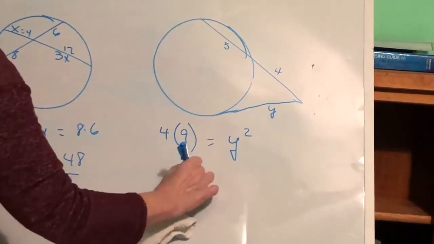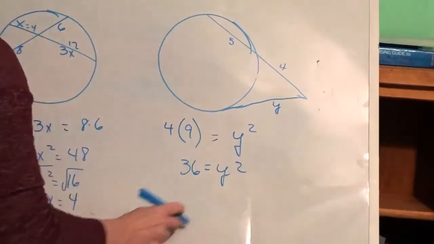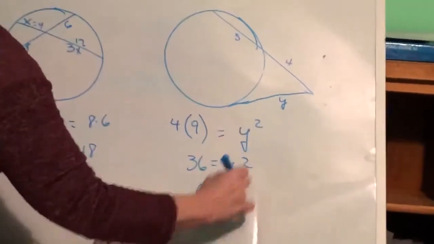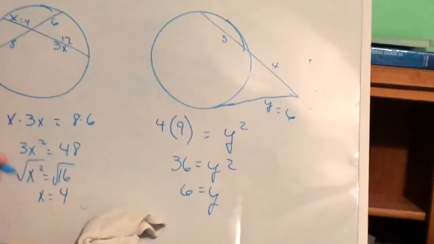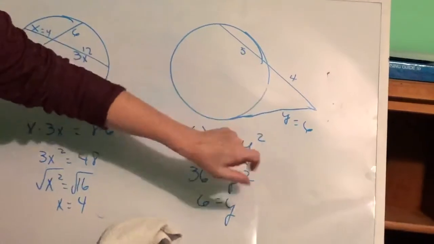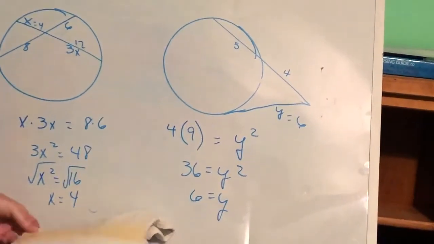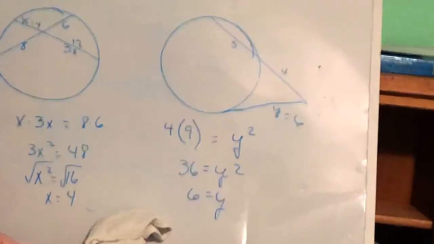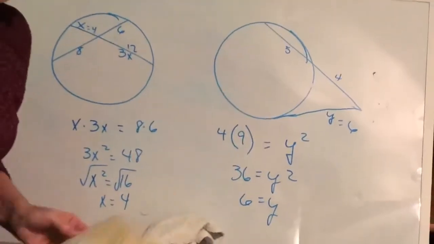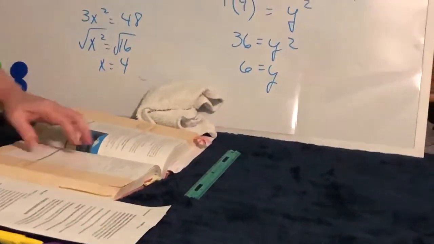So 36 is equal to y squared, which means that y is equal to 6. So 4 times 9 and 6 squared is 36. So that's really about all you need to know about those. Make sure you review all your formulas on page 369. That's where they were all outlined.